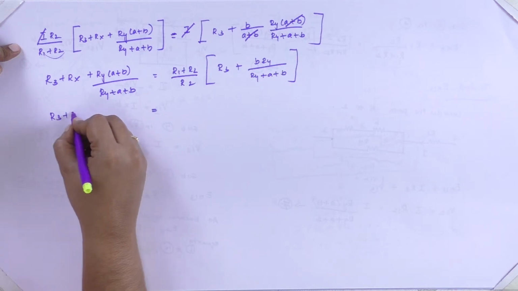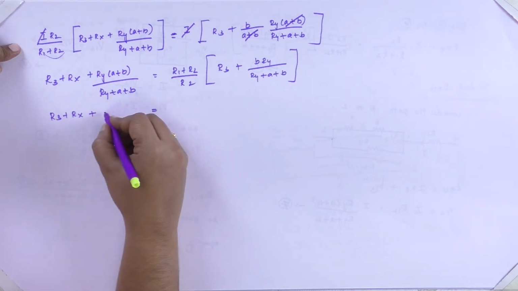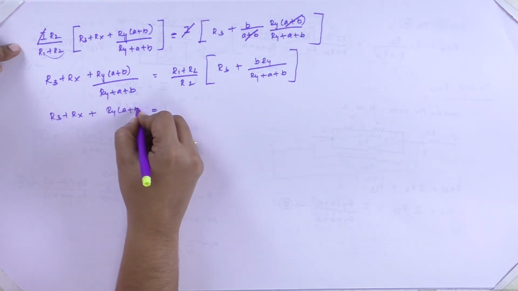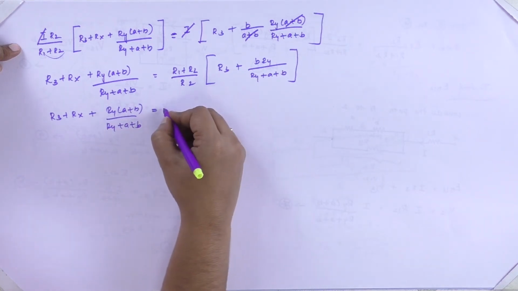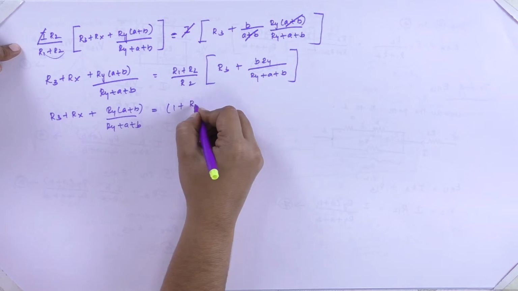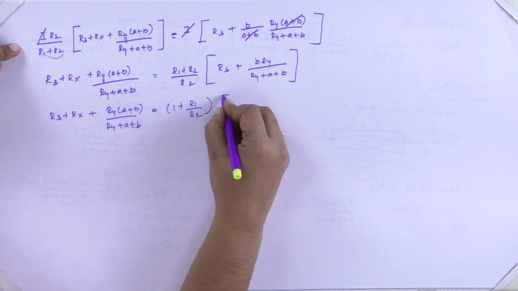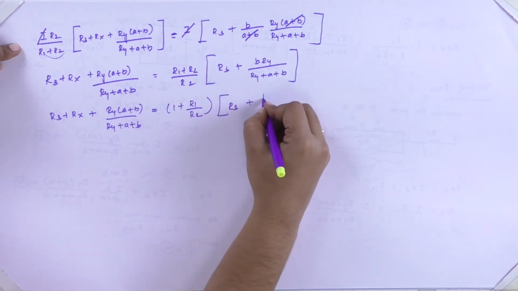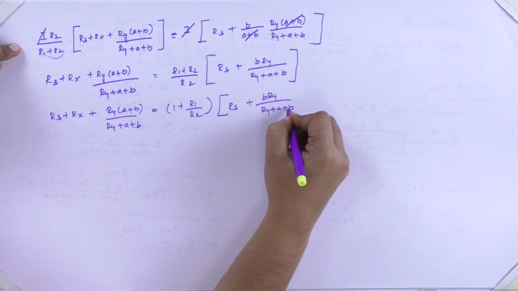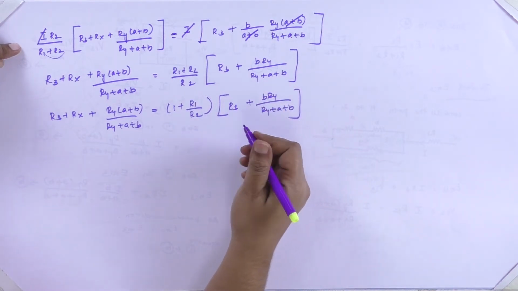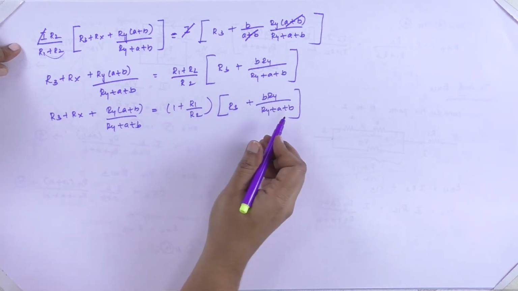The left hand side remains the same, R3 plus Rx plus Ry into A plus B divided by Ry plus A plus B is equal to 1 plus R1 by R2 into R3 plus B Ry divided by Ry plus A plus B. So I am going to remove this bracket.